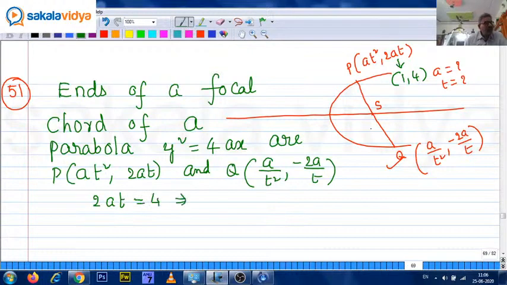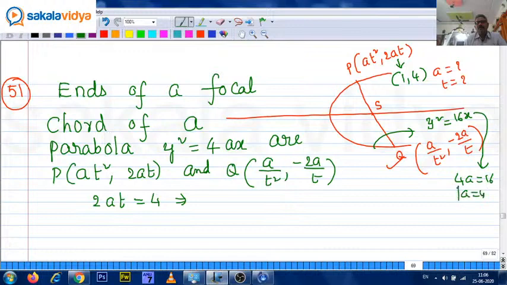Now what is the parabola equation? The parabola equation is y square is equal to 16x. That means you can find out 4a equals to 16, a value equal to 4. Substituting a value as 4, this will be 8t equals to 4. T value equal to 1 upon 2.